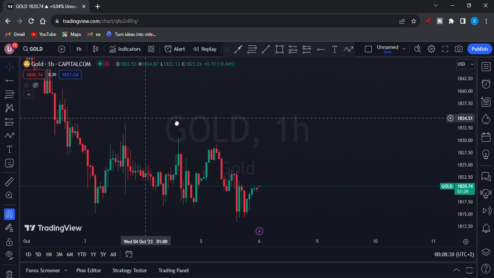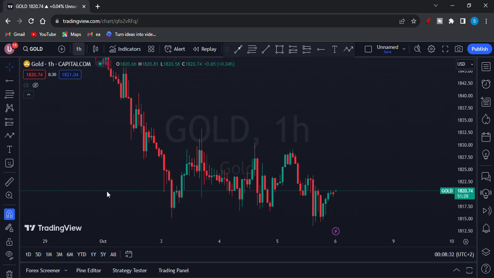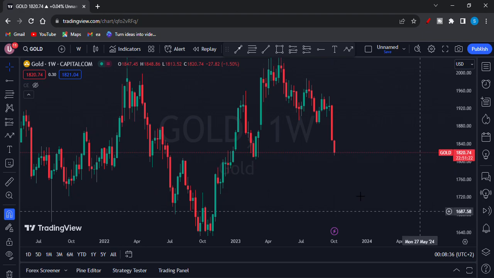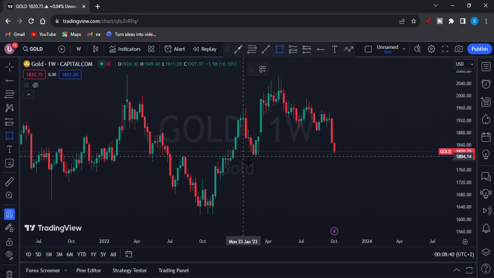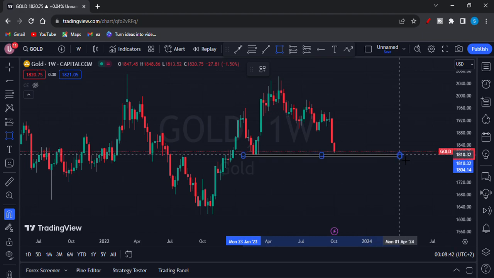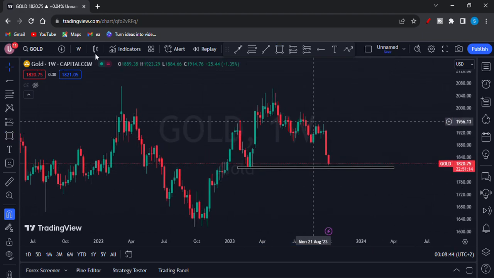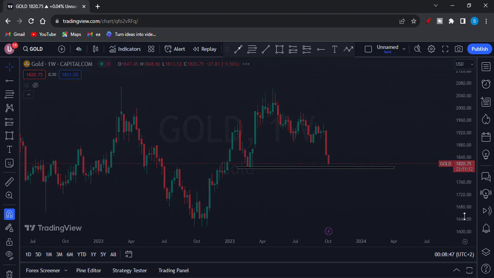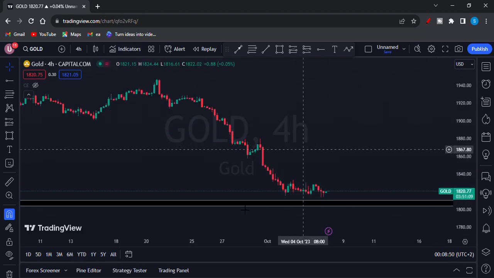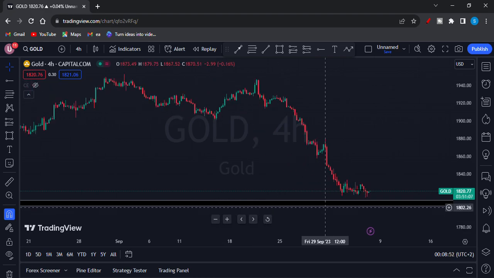And for gold, let's go to the weekly. So for gold, we have this zone right here, and then let's go to the hourly, the 4 hours, so to speak. So in fact, for gold right now, I don't have anything.